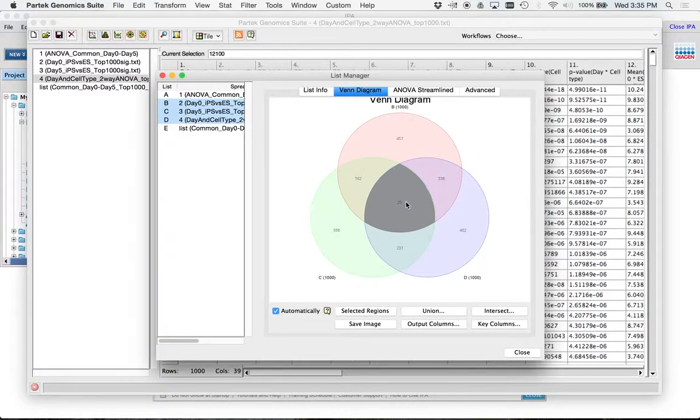So again, in these 25 genes, they showed a difference in expression levels at day 0, day 5, and they were affected by both cell type and by the differentiation state. We're also going to talk about, is that D? Yep. This list too, these 1,000 genes that have both cell type and differentiation effects.